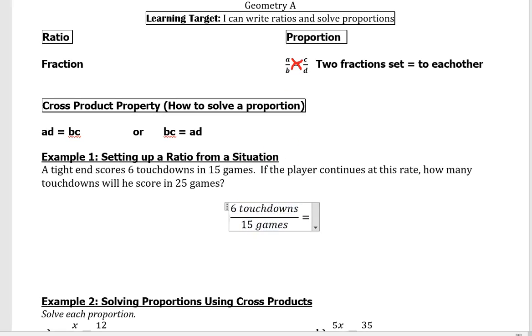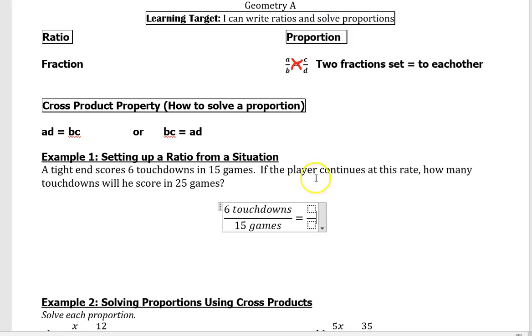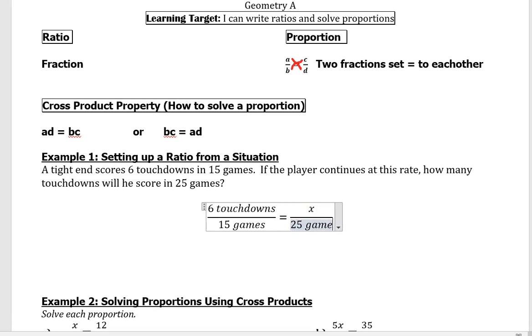Okay, to set up a proportion here that we can solve, what I need to do is match the same units in the same part of the fraction. So it says if he continues at this rate, how many touchdowns will he score in 25 games? So I don't know the number of touchdowns, so I'm going to go ahead and put an x there. And then I do know I want to figure out how many he will make in 25 games.